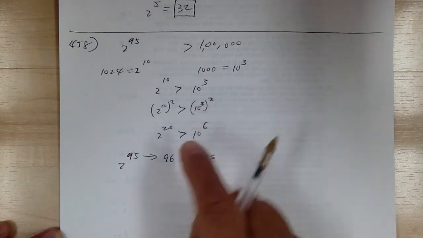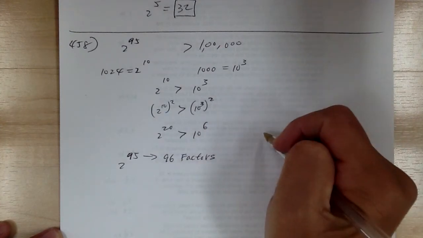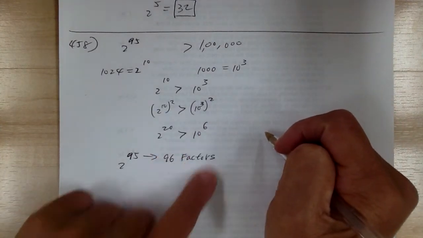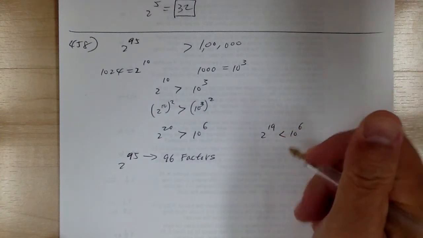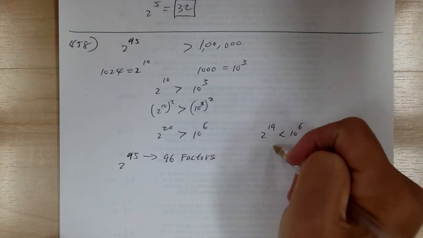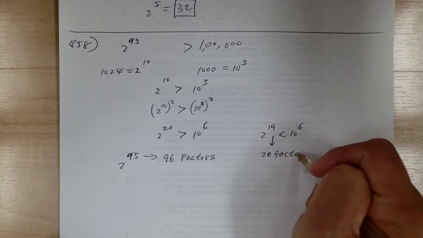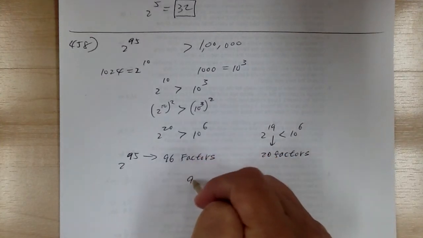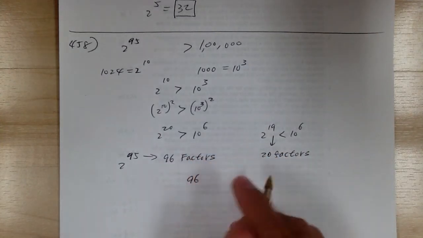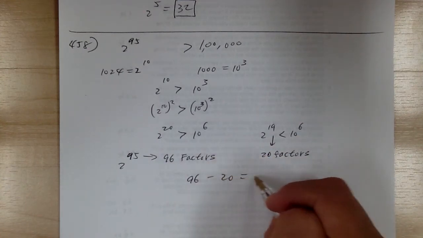Now 2 to the 20 is greater than 10 to the 6, and 2 to the 19 is less than 10 to the 6. So this will give you 20 factors, which is the one you want to subtract. There are a total of 96, but 20 of them are less than 1 million, so minus 20, and this will give you 76.